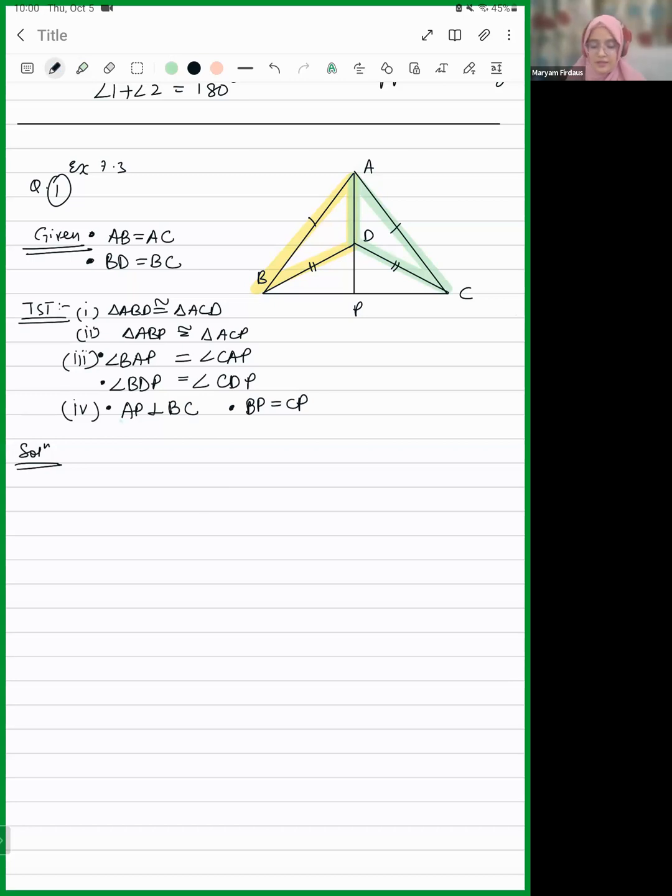Yes. And AD is common. So it is SSS. So in triangle ABD and triangle ACD, AB is equal to AC, given. BD is equal to CD, given. And AD is equal to AD, common.